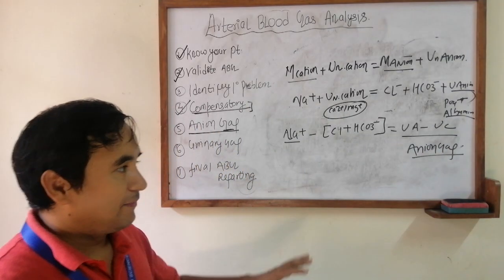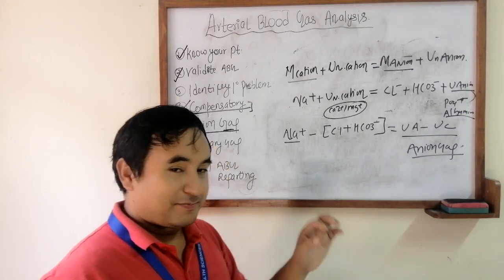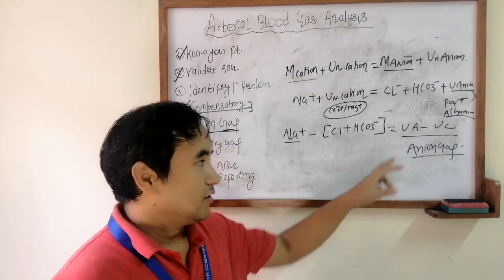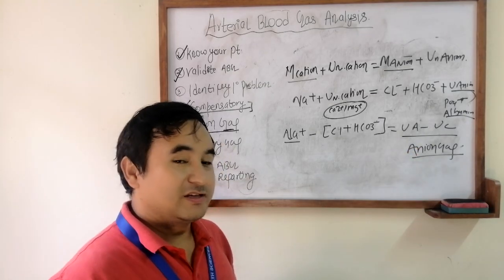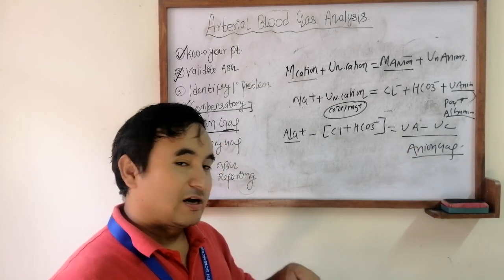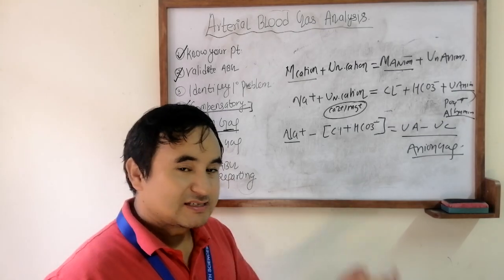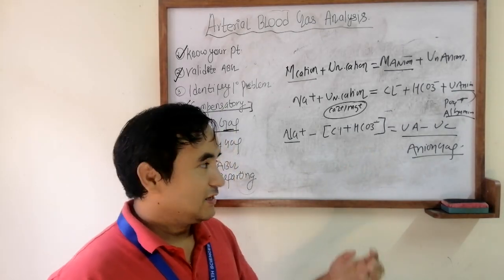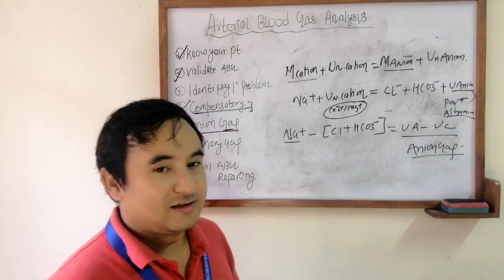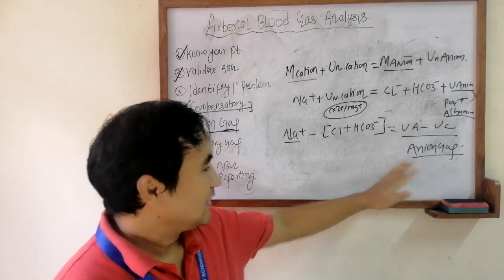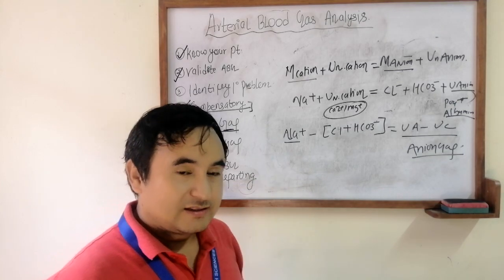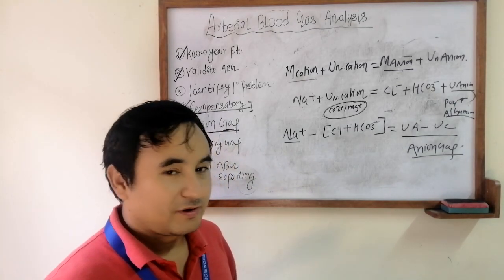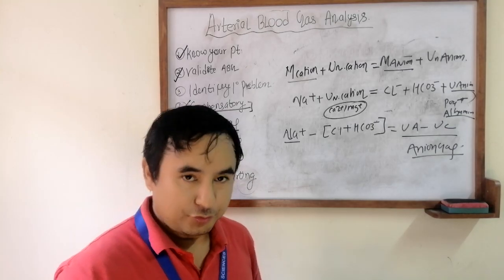It gives us an idea regarding the different unmeasured anions. If the anion gap is high, there are many unmeasured anions in the system. If the anion gap is low, there are many unmeasured cations in the system. So anion gap gives us an idea regarding the presence of unmeasured anions in the system, like acetone.